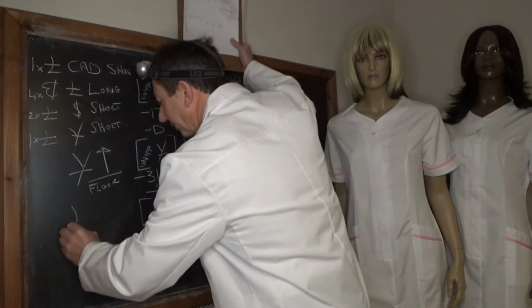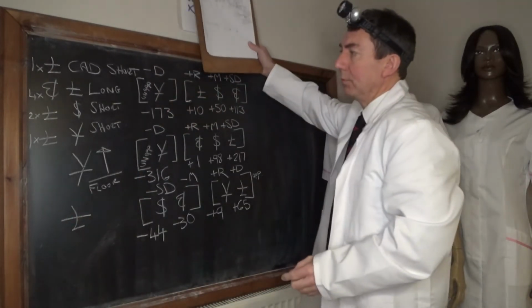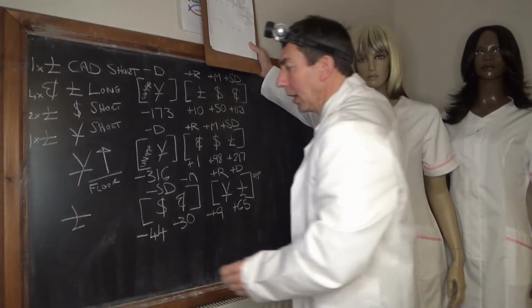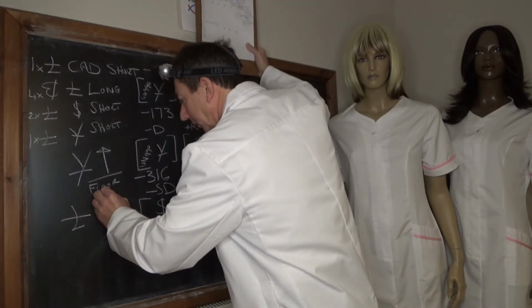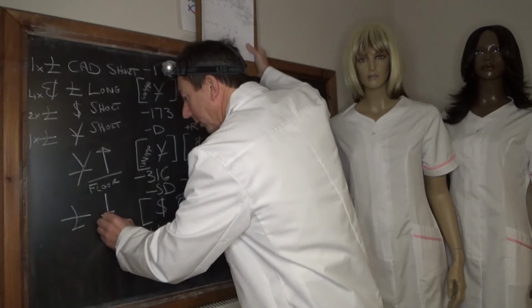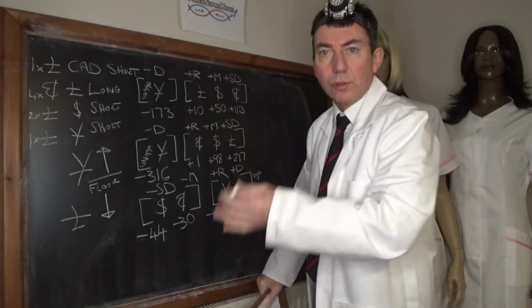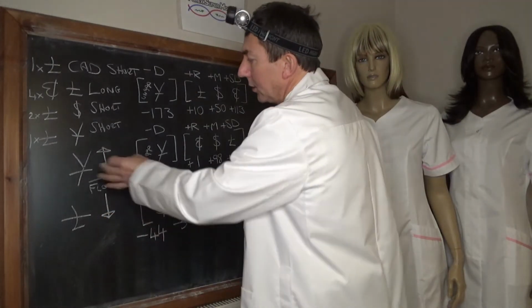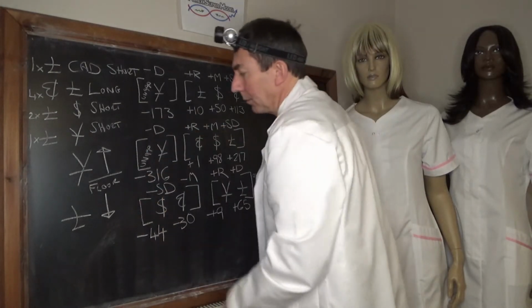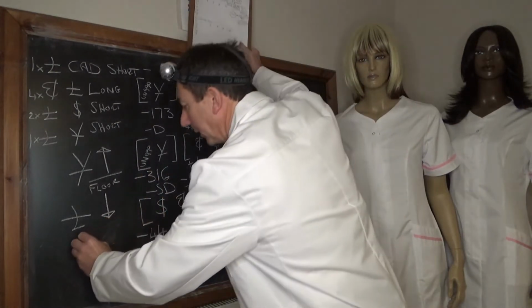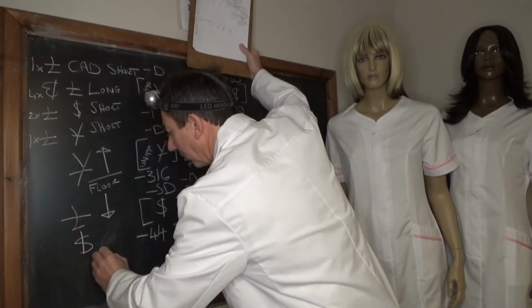The pound, which we're reasonably short of now, we think is going to lose those opposing flows. So we think the yen's coming up, the pound's coming down. That leaves us with the dollar and the euro.